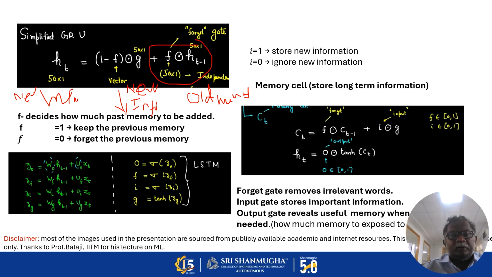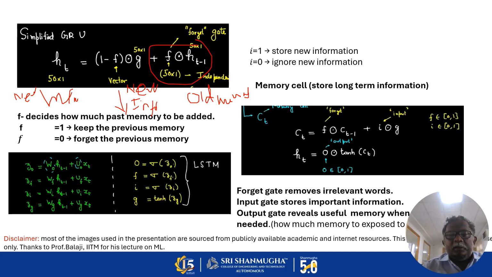Similarly, if you put 0 here, we will not have the old memory, we will have only the new information. If the value of F changes from 0 to 1, we will have a combination of the two things, old memory and new information. So this is what the simplified GRU says.